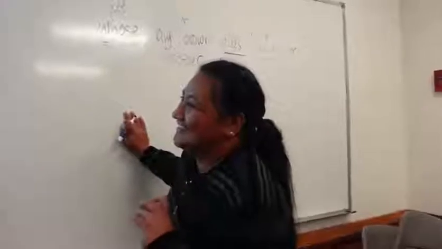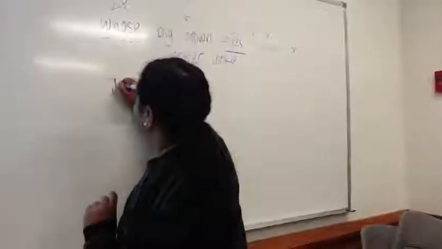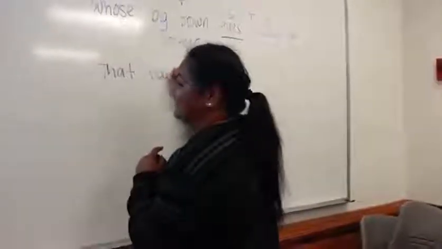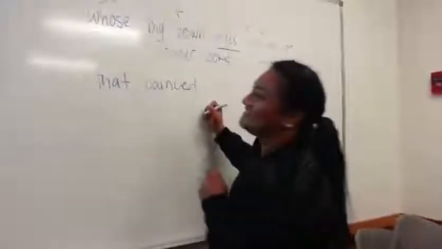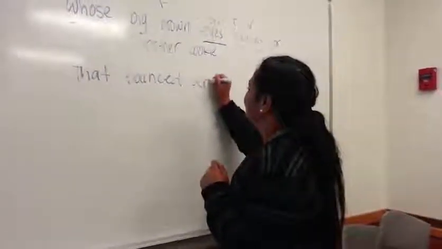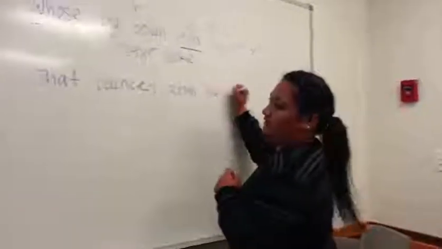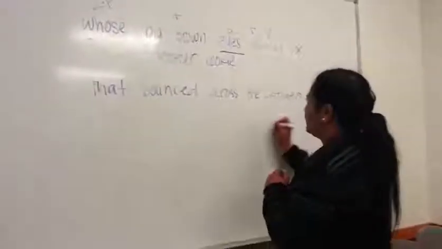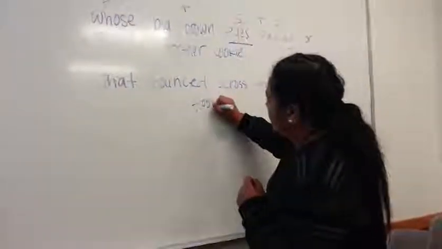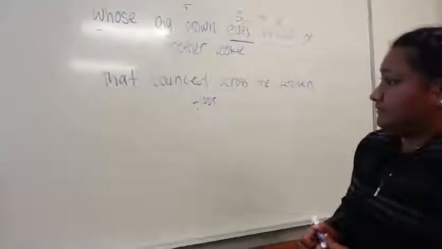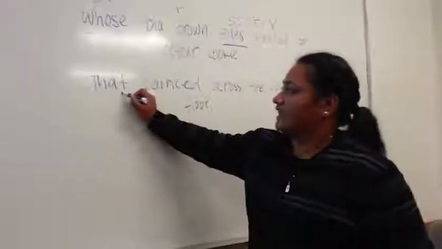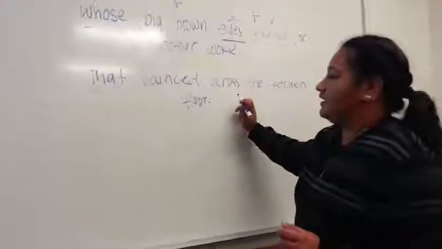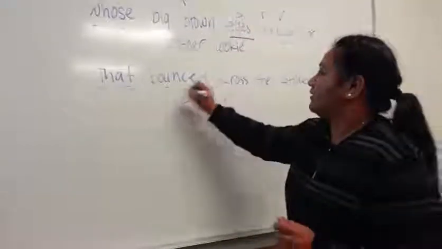That bounce across the kitchen floor. As you can see here, it starts with the relative pronoun and it goes together with the verb.